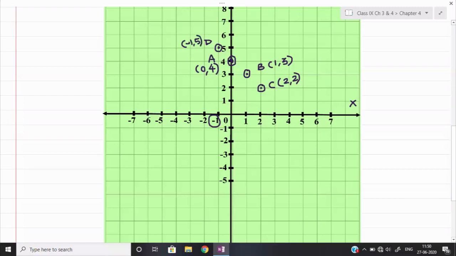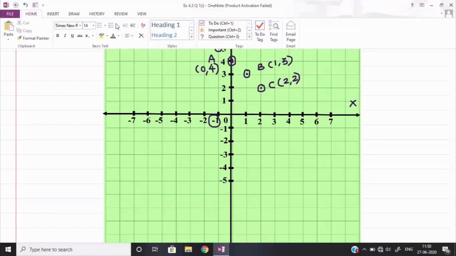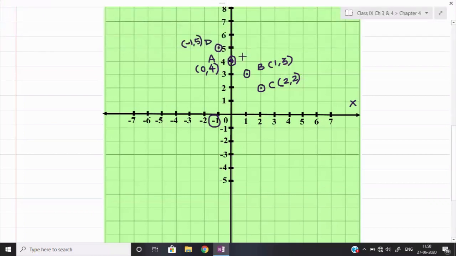Right? Now we shall join all these 4 points with the help of line. Now one thing remember, when you draw a line, you should draw the line with arrows on both of its ends. Okay, so see, I will draw a line first.